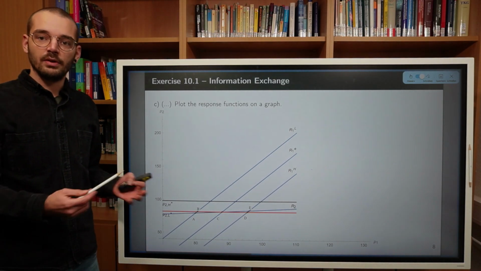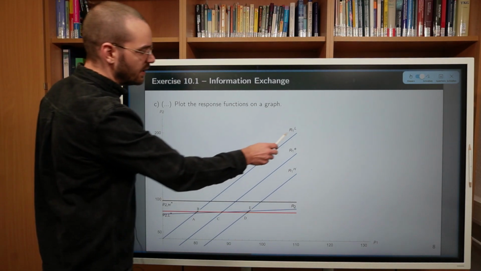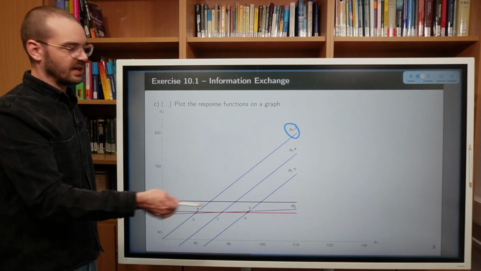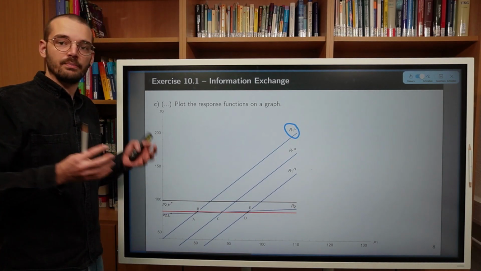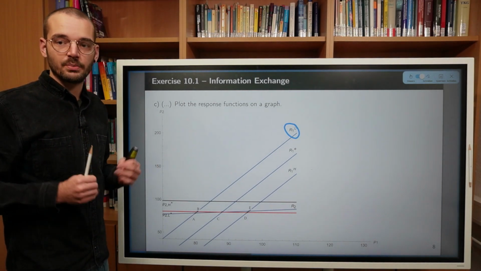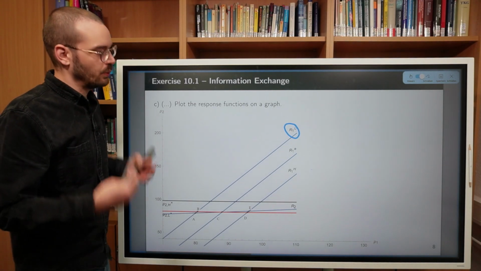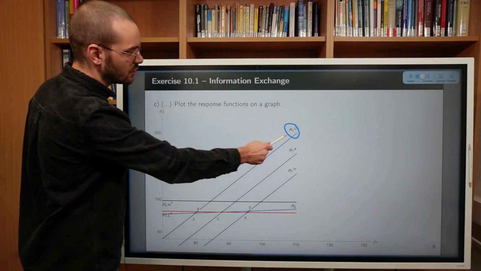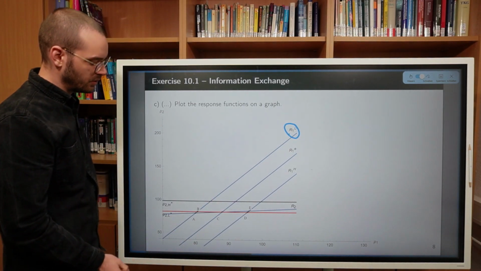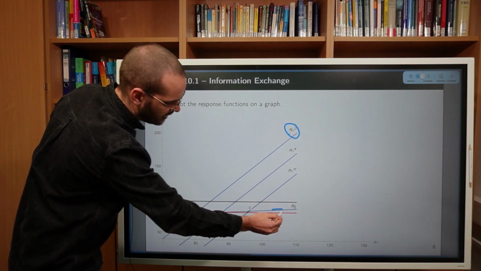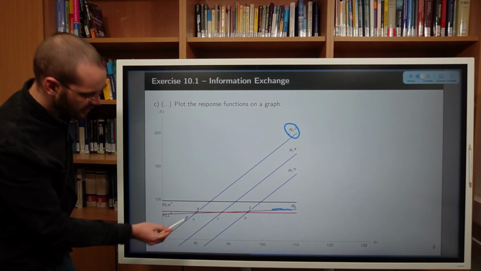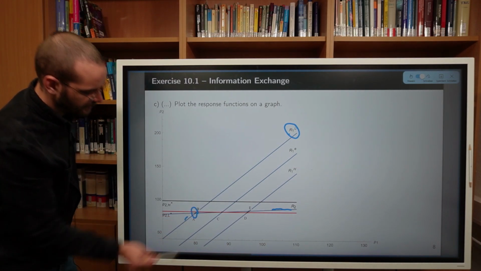Because as I have alluded to earlier, this is the actual reaction function if firm 1 had low marginal costs. And if both firms knew this, if this wasn't private information, well then the equilibrium price would be in the intersection of this reaction function and firm 2's reaction function, which is this blue line down here. Right, so point A down here.